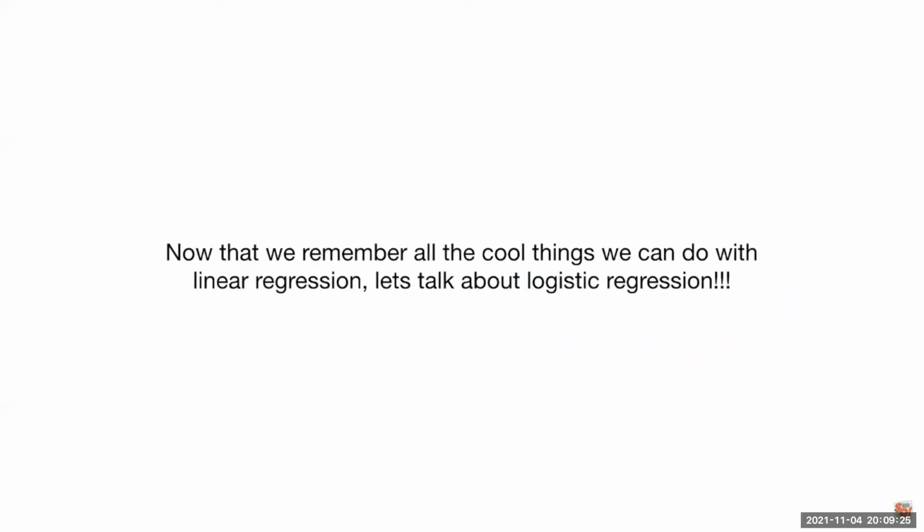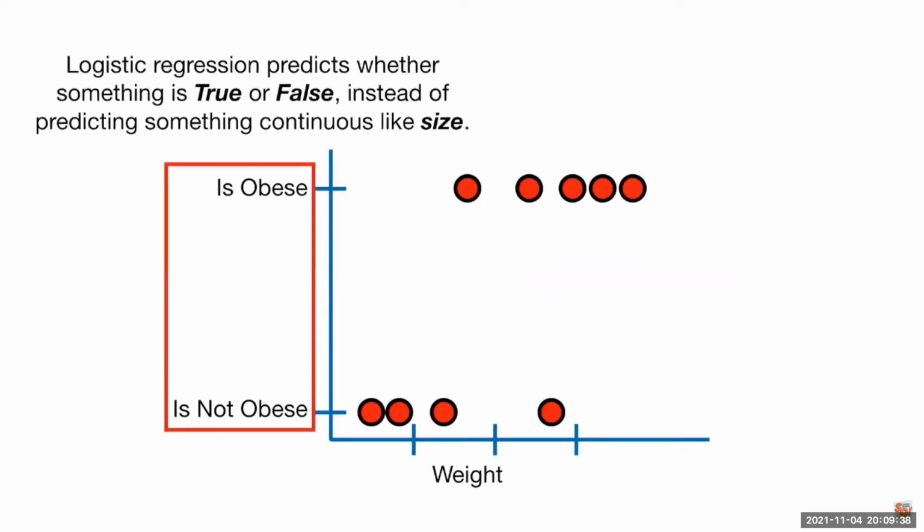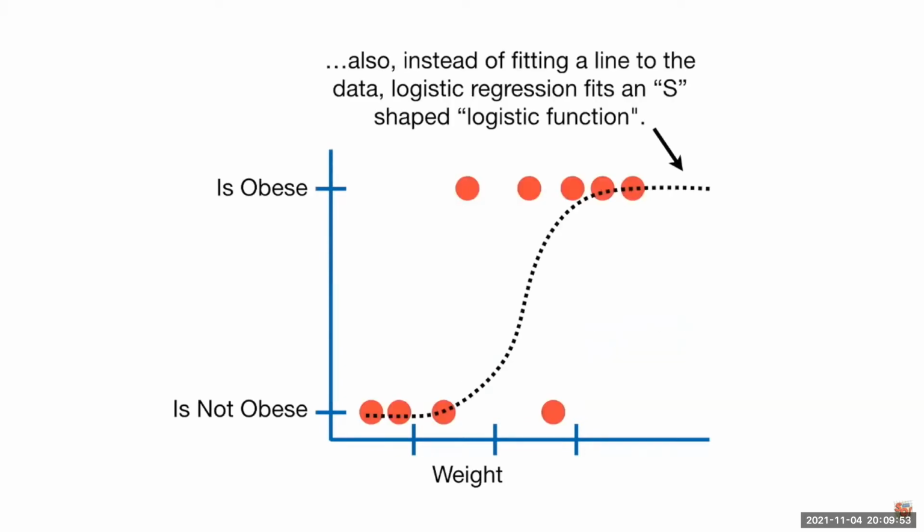Now that we remember all the cool things we can do with linear regression, let's talk about logistic regression. Logistic regression is similar to linear regression, except logistic regression predicts whether something is true or false, instead of predicting something continuous like size. These mice are obese, and these mice are not. Also, instead of fitting a line to the data, logistic regression fits an S-shaped logistic function.